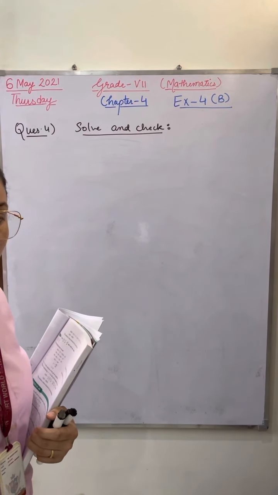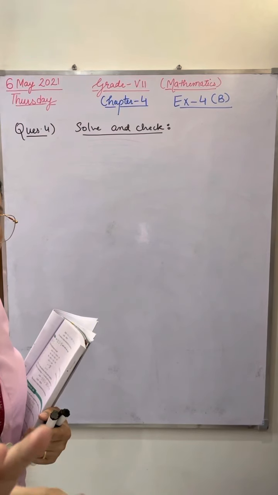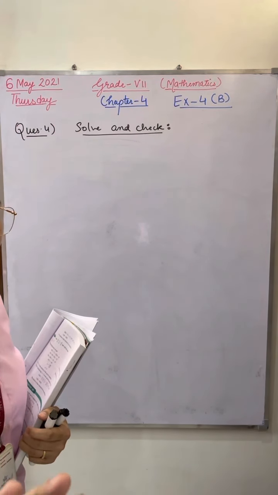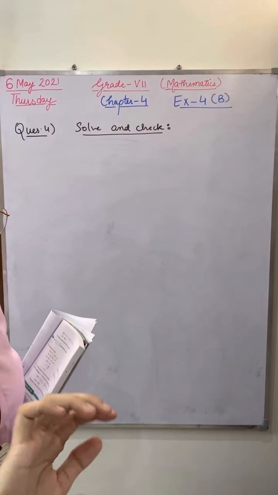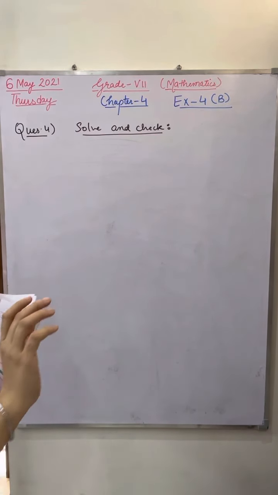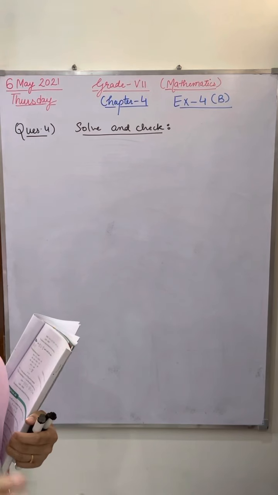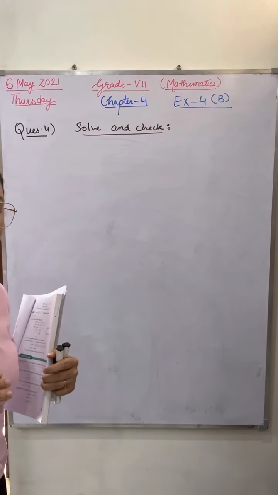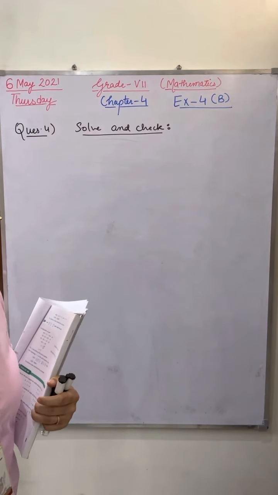I don't want these students in my grade who can't listen to the instruction of a teacher. Whatever doubts you are asking me, I'm taking all the queries one by one, and we are discussing everything in the class. But if a teacher is giving some instruction, please take it seriously.